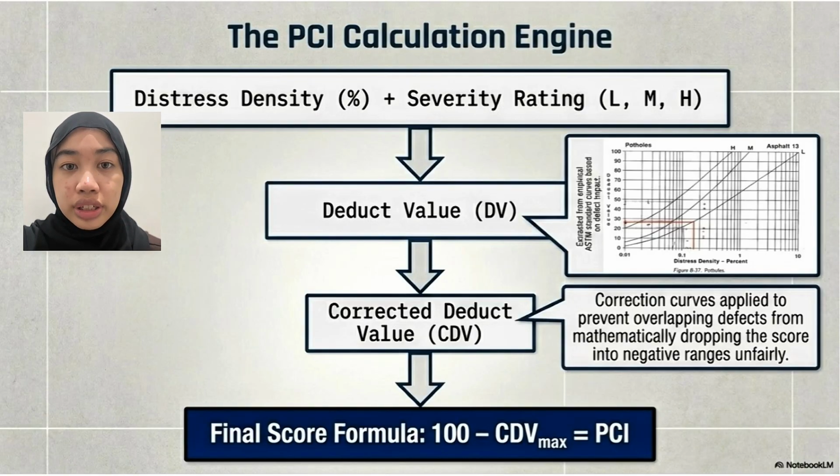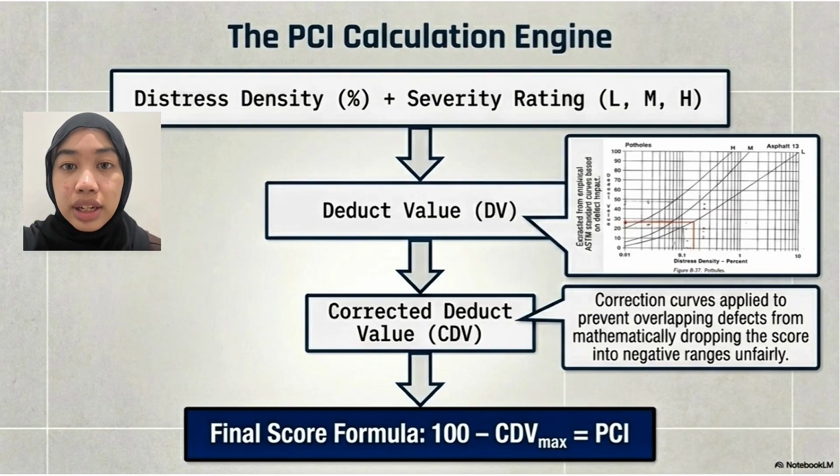We refer to the ASTM standard curve to determine the initial deduct value. For the CDV, the corrected deduct value, the correction curve is applied to the calculation. This step is crucial because it prevents overlapping defects from mathematically dropping the score into the negative range unfairly.